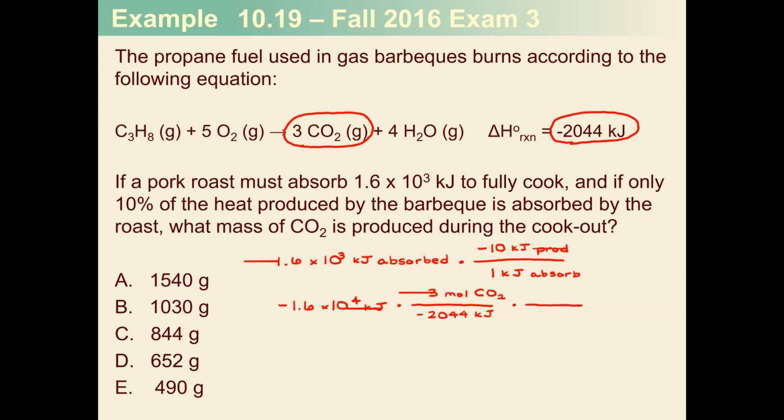I need to go from moles to grams. So now this will be 44.01 grams of CO2 for every 1 mole of CO2. So my kilojoules and kilojoules will cancel, my moles and moles. I am left with grams, and I will receive an answer of 1,030 grams of CO2. If I look at my answer choices on the left, you will see that that is going to be answer B.